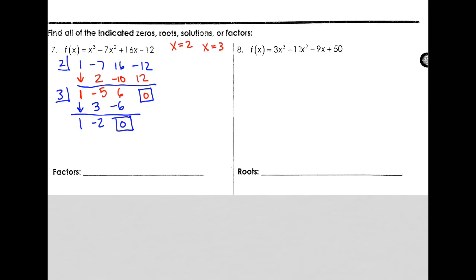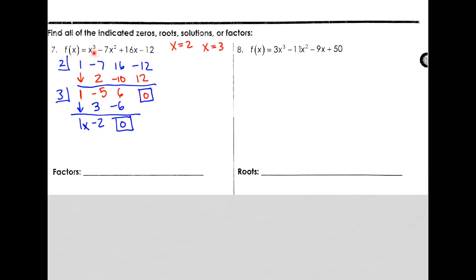So now we just figure out what to do next. I always say count backwards from the remainder. So that would be x to the 0, x to the first power. You lose a degree every time you come down and do the synthetic division.